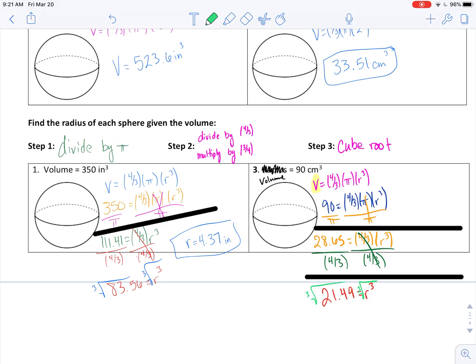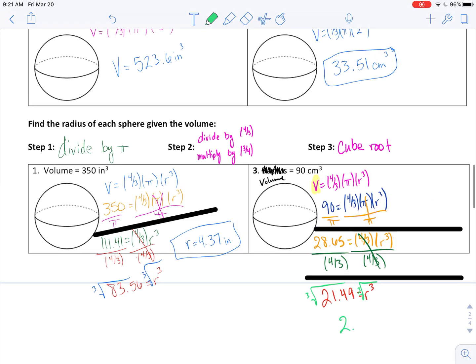Well, the opposite of cubing a number is, of course, cube rooting. So if we take the cube root, 2.78 centimeters is going to be that radius. All right, enjoy.